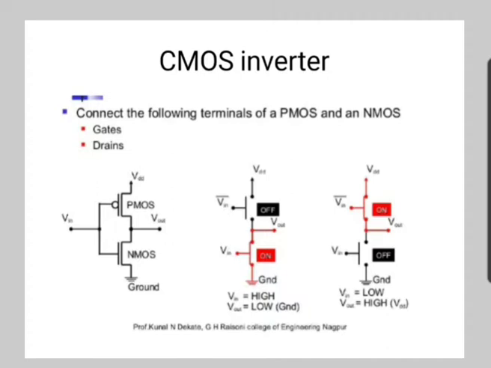Similarly, the reverse: when Vin is low, the PMOS transistor is on, and the NMOS transistor is off.